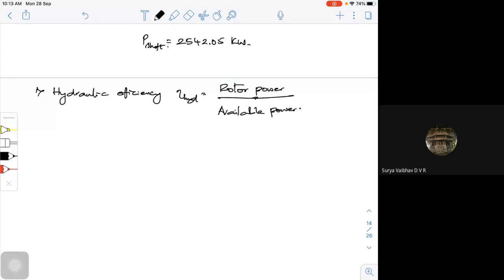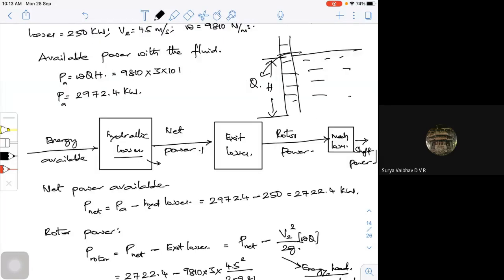That means if I call this 1, this 2, and this 3, see this net power and rotor power, all those things in between, they're all with respect to fluid flow. So rotor power divided by the available power is your hydraulic efficiency.